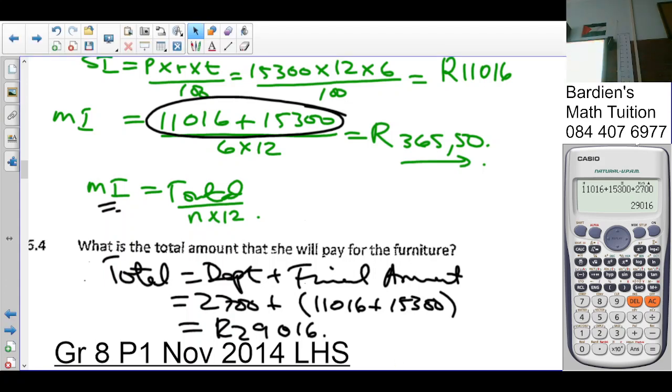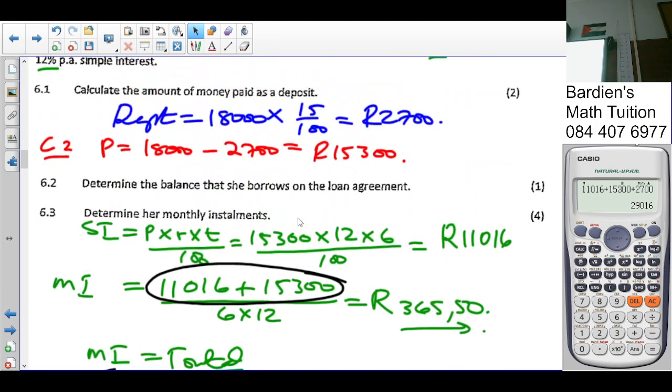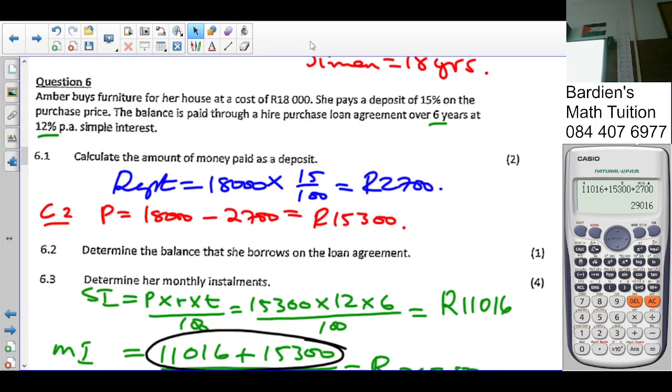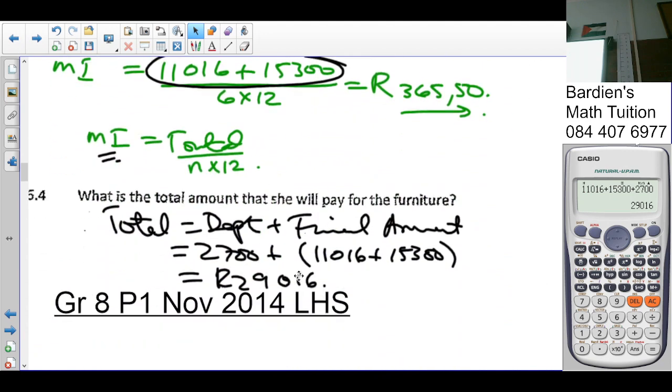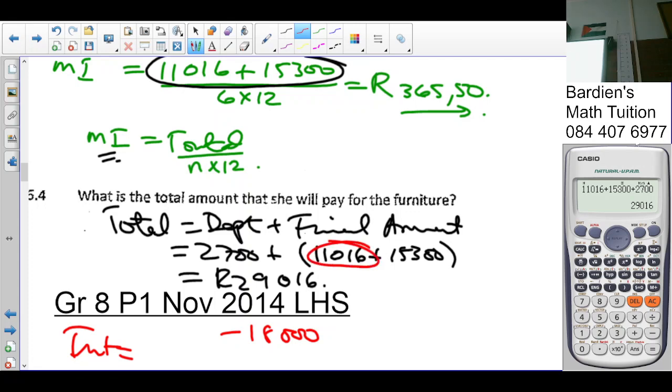It's a large amount, if you consider they bought the furniture at 18,000 rand. Over 6 years, if you subtract 18,000 rand from here, that's going to be the total interest paid. We did that calculation already, and that interest here was 11,016 rand, which is a massive interest over 6 years. Okay.